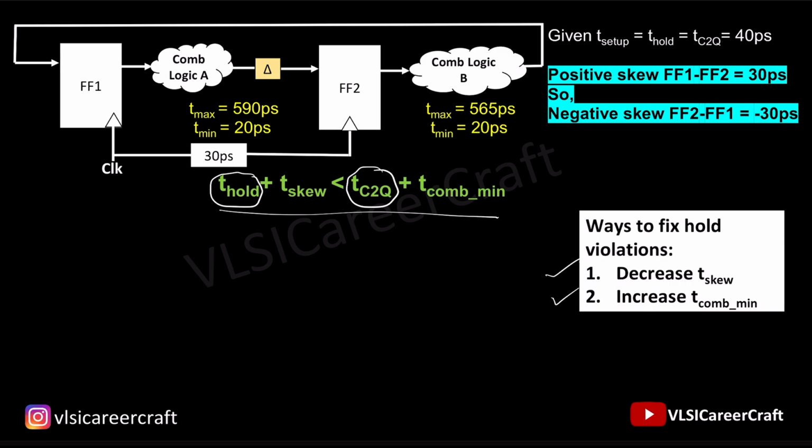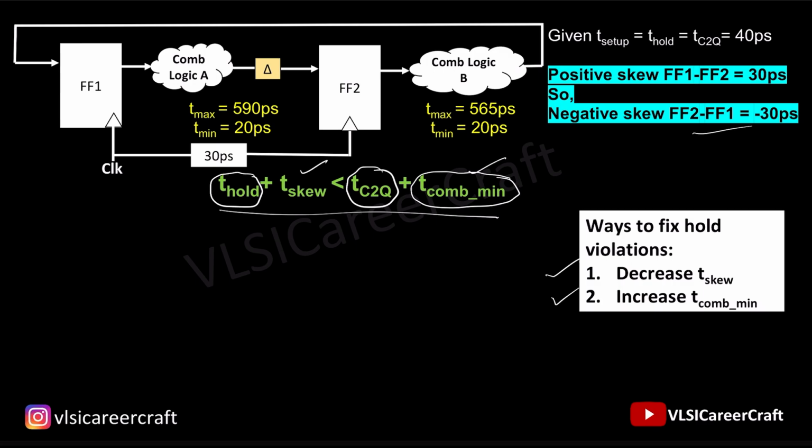So the only quantities we can change are T skew and T combinational minimum. So in this case, the T skew is already fixed, which is positive skew between 1 and 2 and negative skew between 2 and 1. So the only quantity we can change in this case is T combinational minimum.